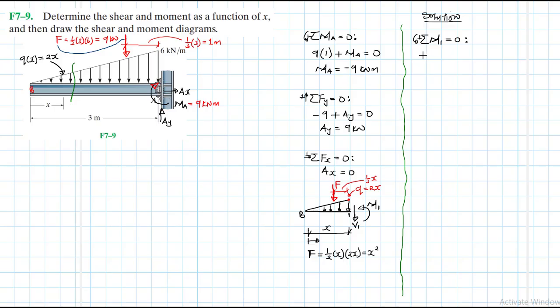We have this F, which is x squared, times the length or the lever arm, which is 1/3 of x, giving us a positive moment or anti-clockwise, then plus m1 equal to 0.